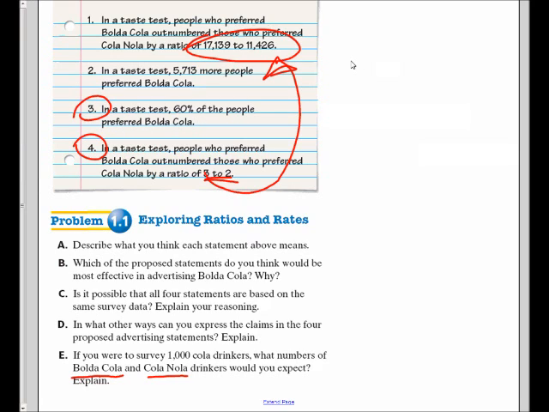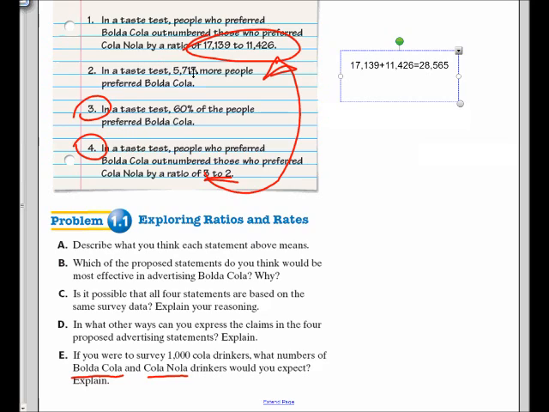What you have to do is take 17,139 plus 11,426. That's the first step. After you do that, you're going to get 28,565.